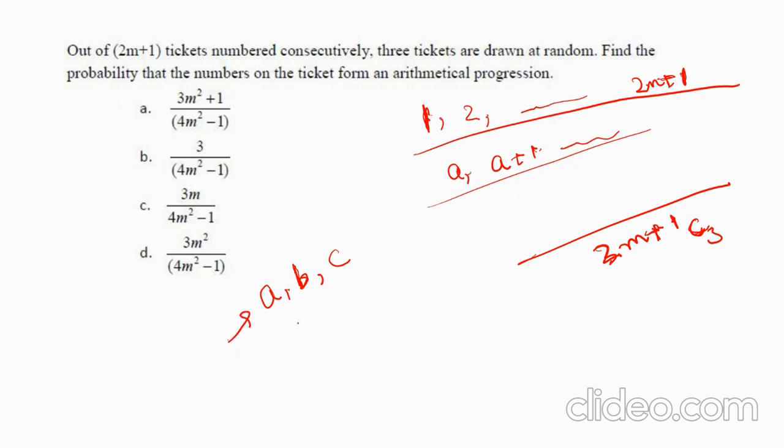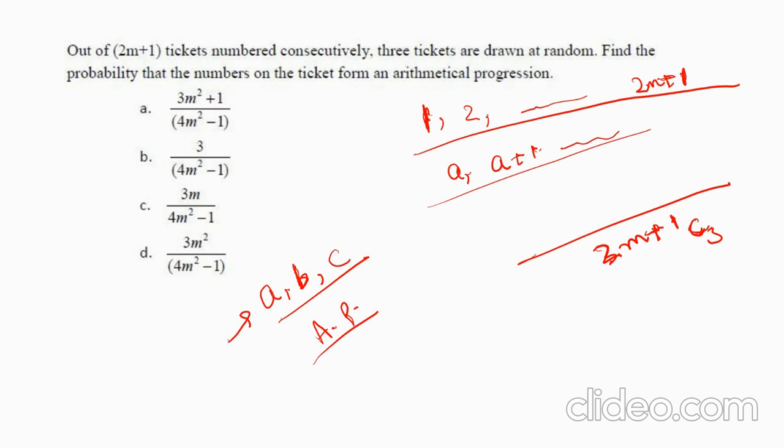What is the condition that these 3 numbers are in arithmetic progression? You know arithmetic progression, right? Arithmetic progression means we have the same difference between all the numbers.